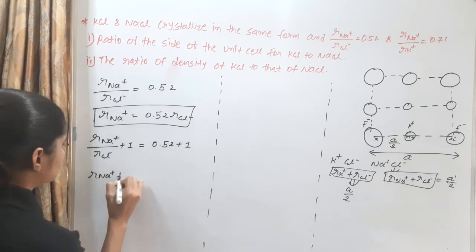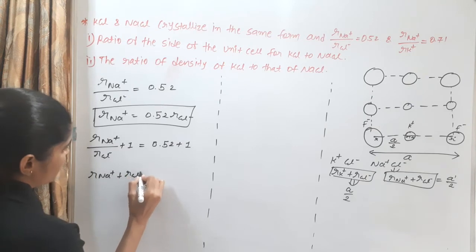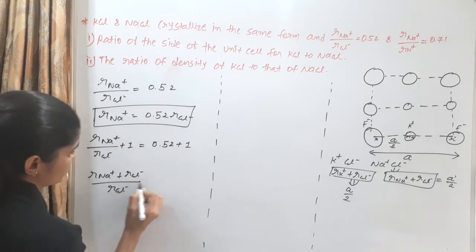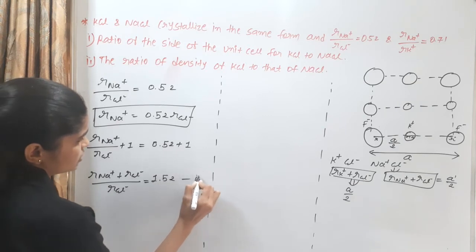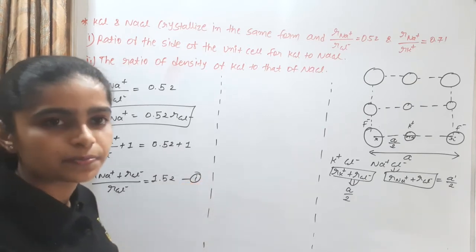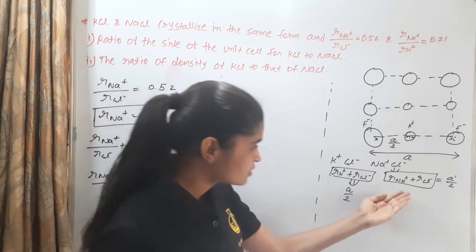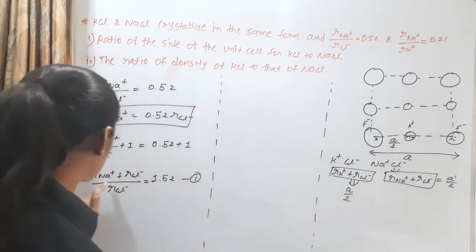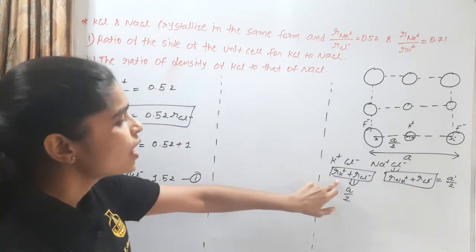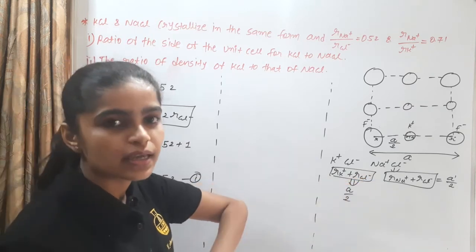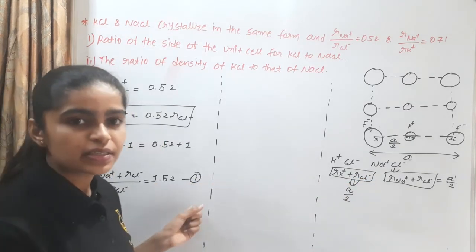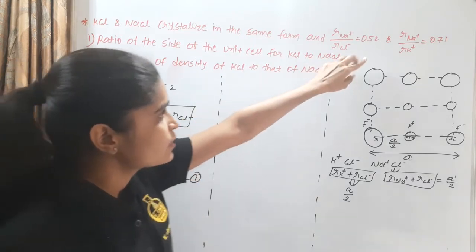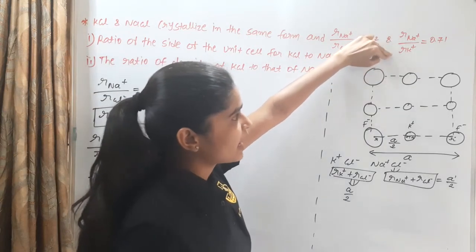So r_Na+ plus r_Cl- divided by r_Cl- is equal to 1.52. This is equation number 1. Next, r_K+ plus r_Cl- divided by r_Cl- is what we need to find, denoted by 2. The second value given is r_Na+ by r_K+.